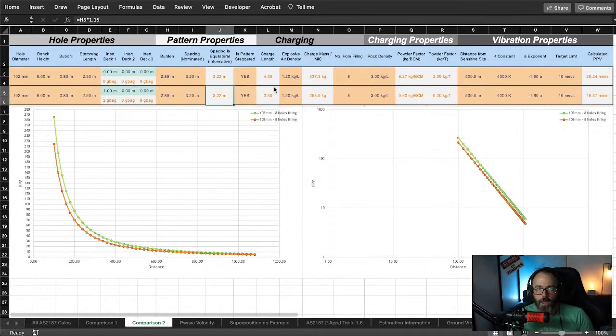But what we haven't said is that we have to fire these decks together, and they are now going to be considered one hole. Two decks are considered one hole. But let's say we were to delay them, then that would be essentially like dropping it into two influencing charges.